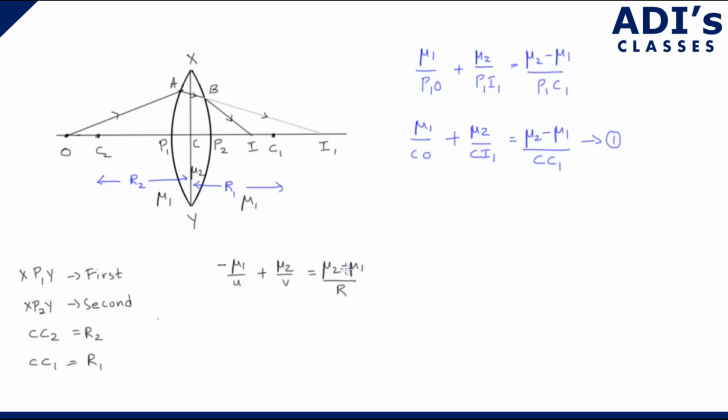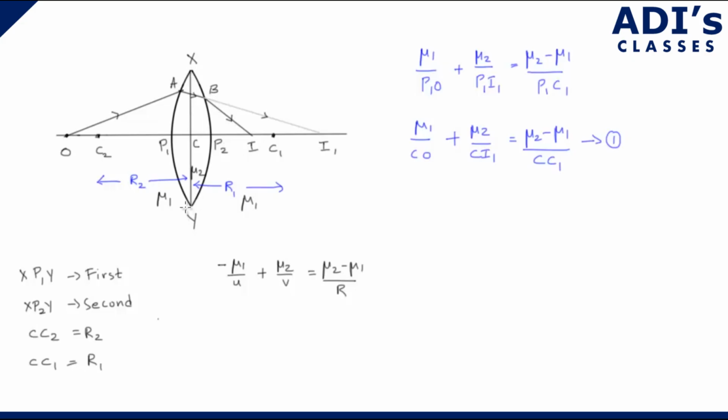Now for the second surface, we have XP2Y as the second surface, right? Now here I1 acts like a virtual object for the second surface. Okay, I'll repeat this again. This particular I1 acts like a virtual object for the second surface XP2Y.